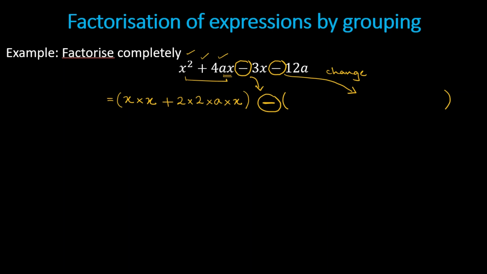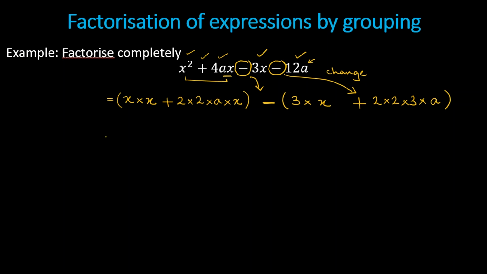So it is minus, it becomes plus, right? So now we write down 3x in expanded form. It is simply 3 times x, and 12a in expanded form. 12 is 2 times 2 times 3. This is 12, and you have a. Simply you have to write down times a.